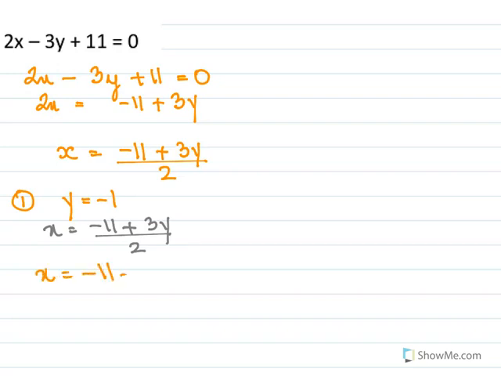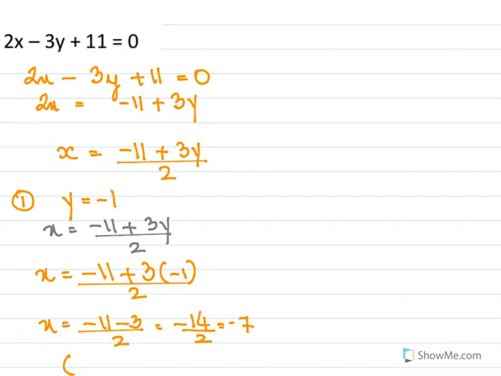For y, we put -1. So x = (-11 - 3)/2, which is -14/2, that is -7. So this is our first point, (-7, -1). Now let's take on to the next point. For the second point, we will take y = 1.